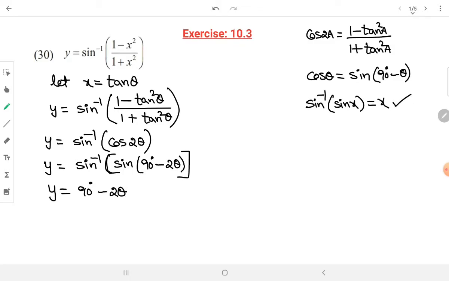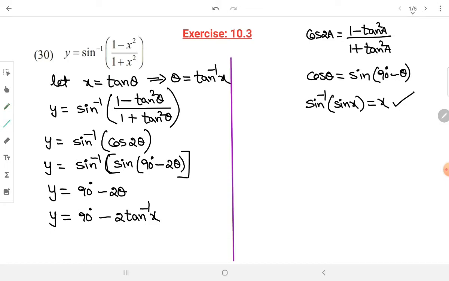This is one of the properties of inverse trigonometric functions from the chapter on trigonometry. So now y is equal to 90 degrees minus 2 into theta. What is theta? Since x is equal to tan theta, theta is nothing but tan inverse x. So theta is replaced by tan inverse x.